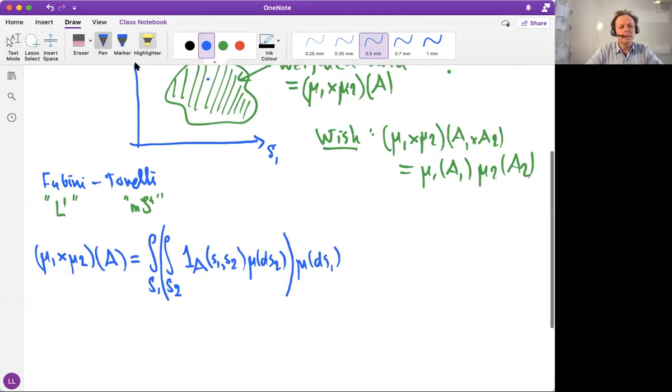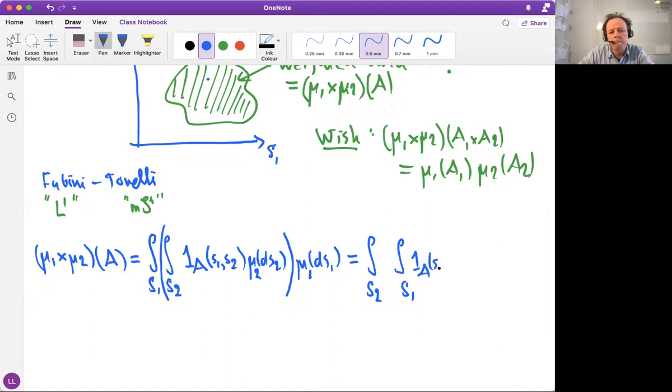On the other hand, who says that we should first integrate with mu2 and then with mu1? We have two different measures. So for this to make sense, that should be the same as if we integrate in the different order: first with S1 of this indicator, first with measure mu1, and then with measure mu2.